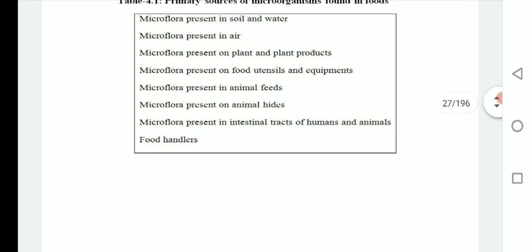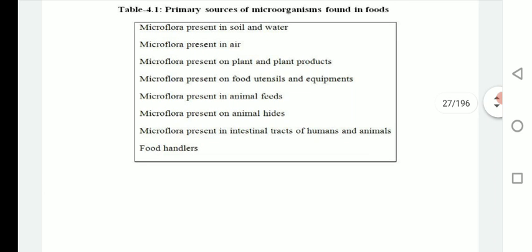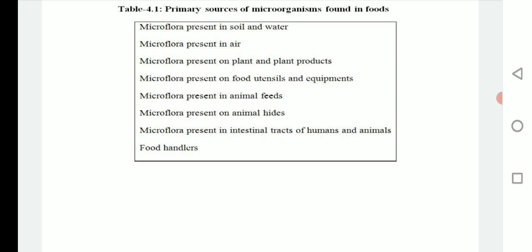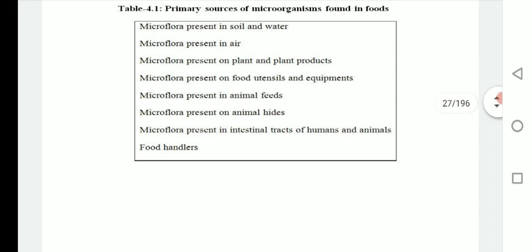Then microbes present in food utensils and equipment. These are again an important source of entry of pathogens and bacteria or other microbes into the main food stream. The vessels that we use for cooking, storage, and processing of different kinds of foods may contaminate the food stream.